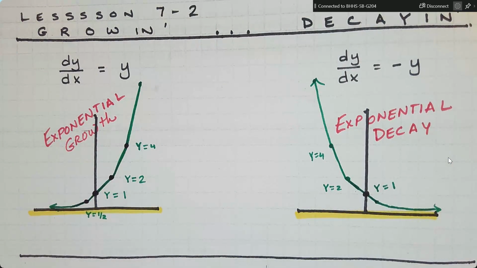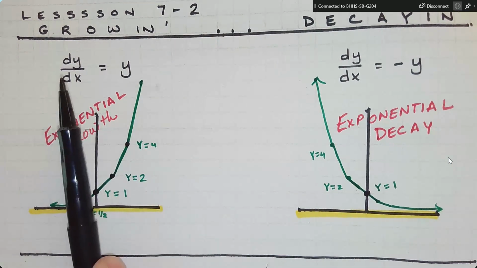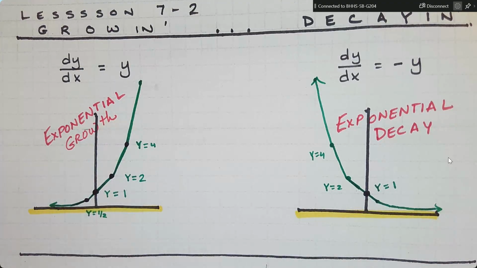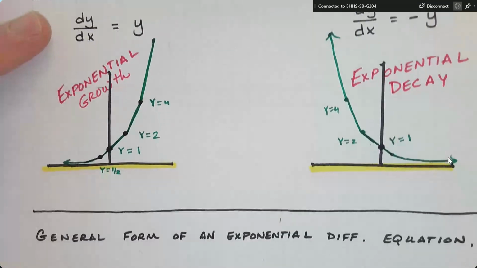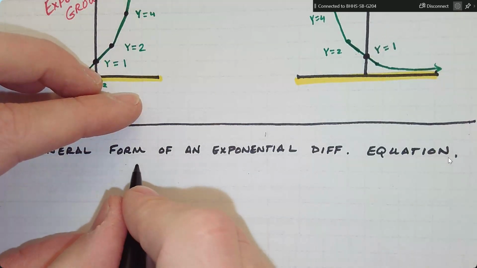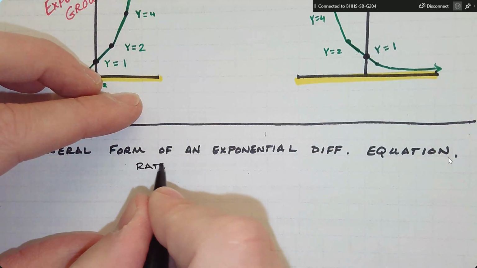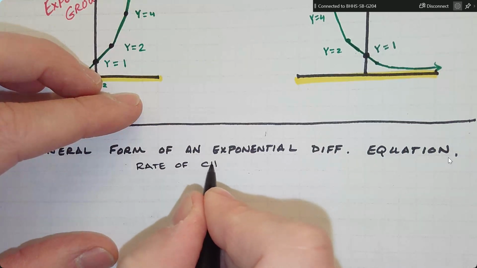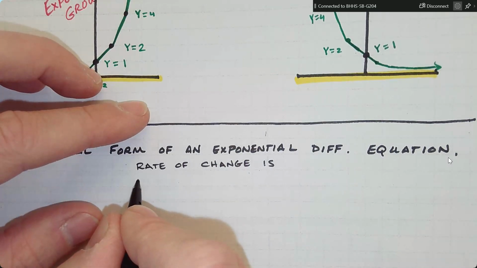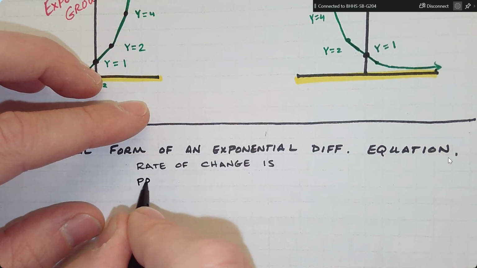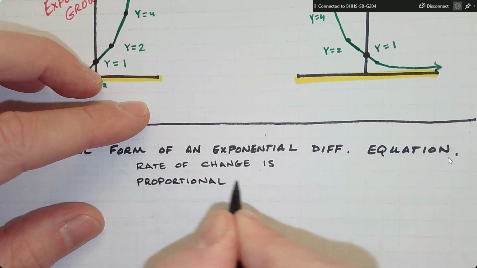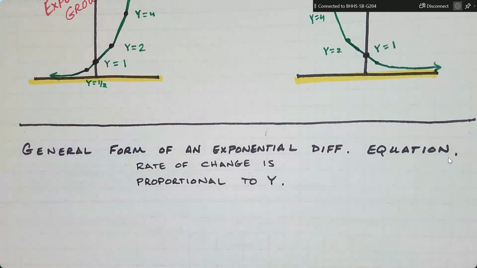Now, what we're going to do is look at why, when the rate is proportional to the y value, you get an exponential function. So down here, let's suppose we say that the rate of change is proportional to the y value.